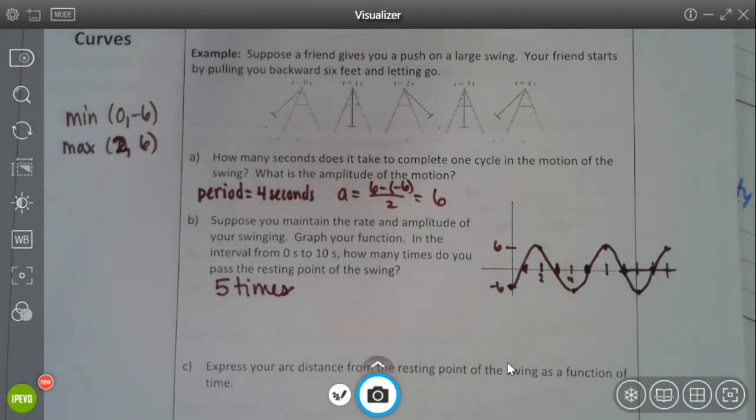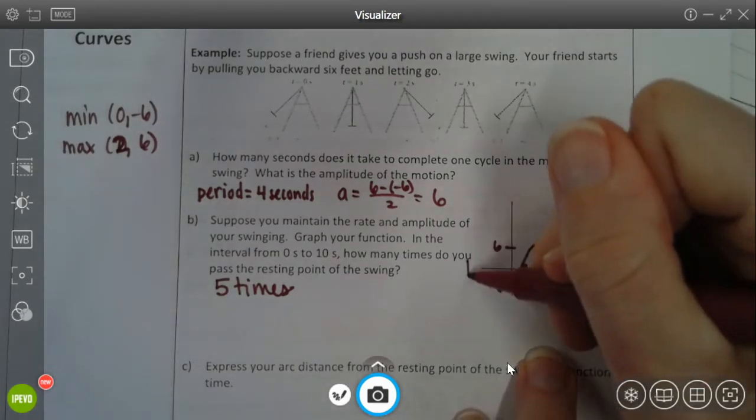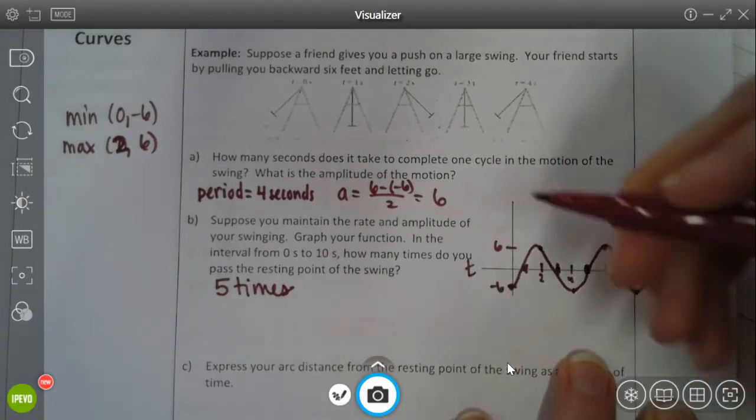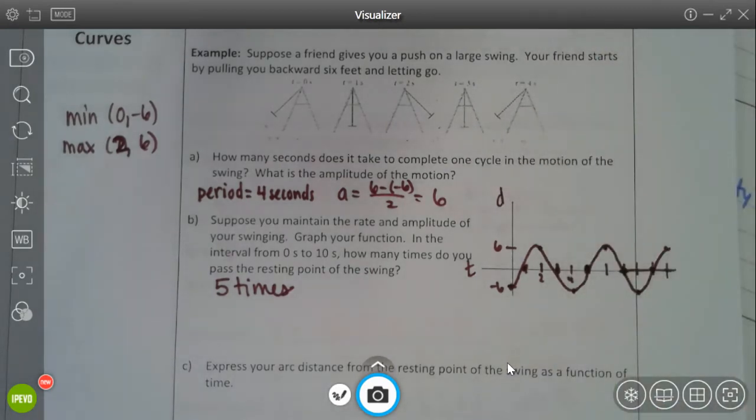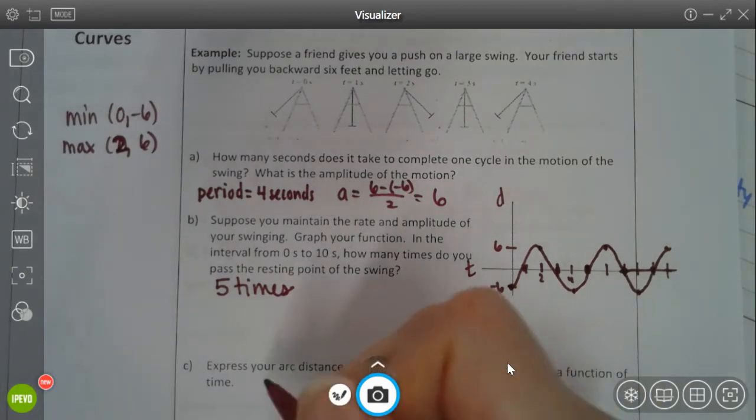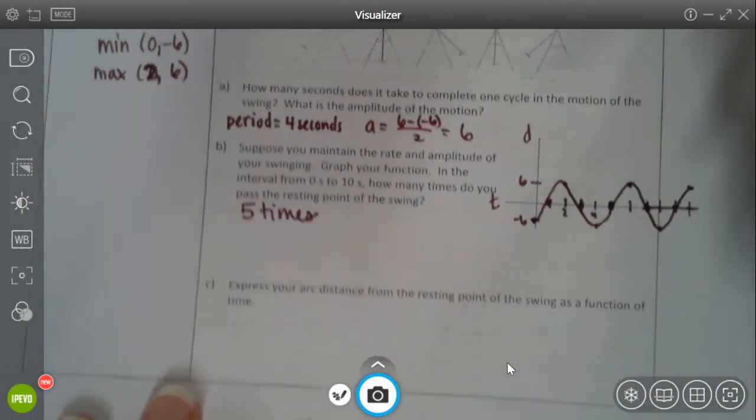So now what they want us to do is express that arc distance from the resting point of the swing as a function of time. So we're going to use our axis. We're going to let this be t in seconds. And this is our distance that our swing is for our arc, 6 feet back, 6 feet forward, and so forth. So now if I want to write a model, I know I'm going to need my values for A, B, H, and K. So we already have our A value. That's our amplitude that we found in part A. To get my B value, we're going to use that period that we had up here.